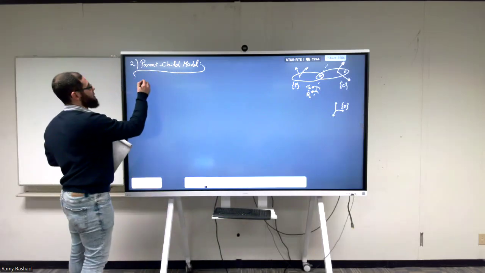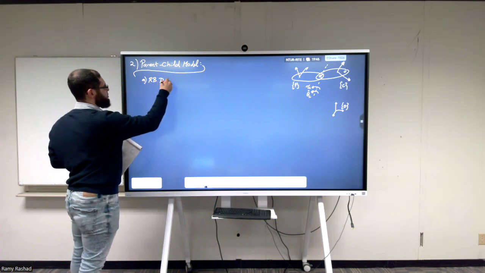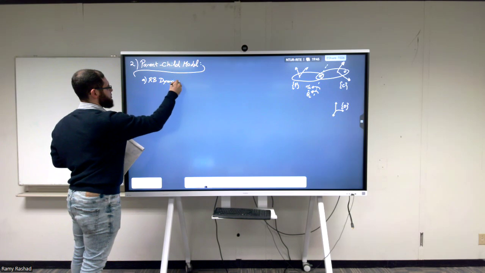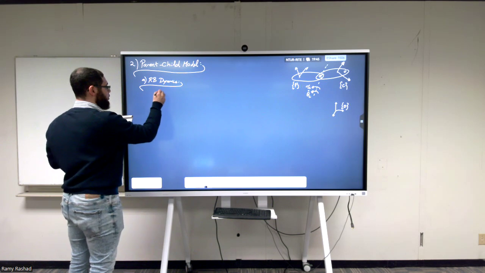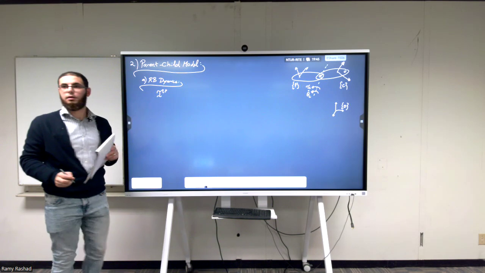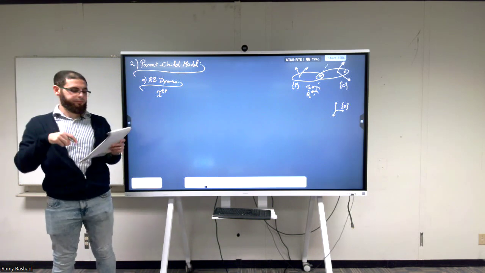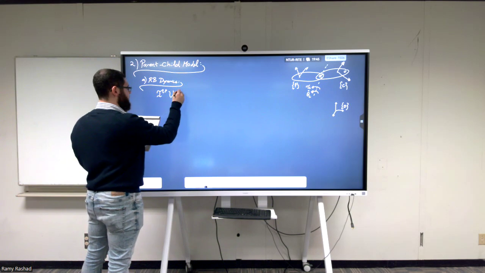So the rigid body dynamics of each of these two, you should be familiar with that, is that we have the generalized inertia tensor of the parent expressed in the parent frame, multiplied by the twist of P with respect to 0 expressed in P dot.